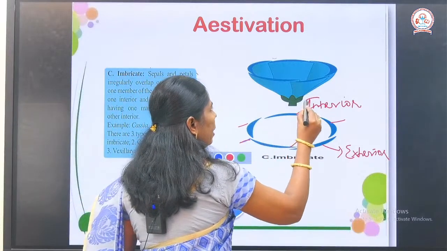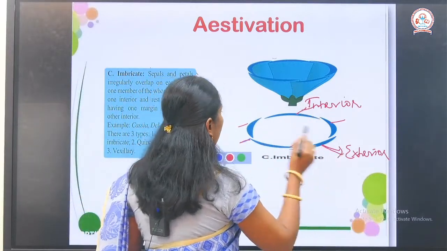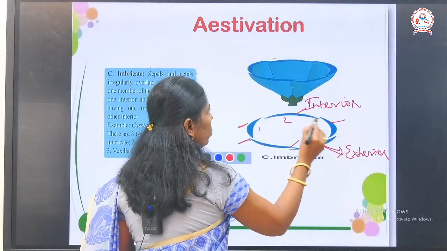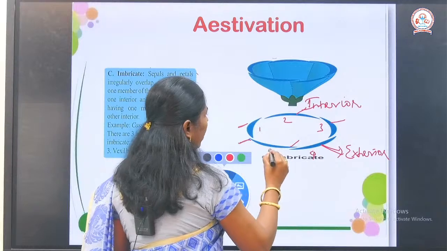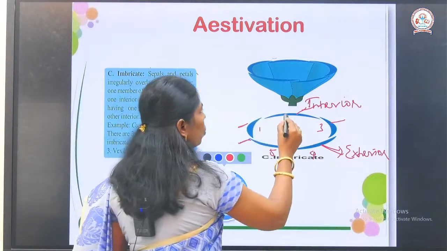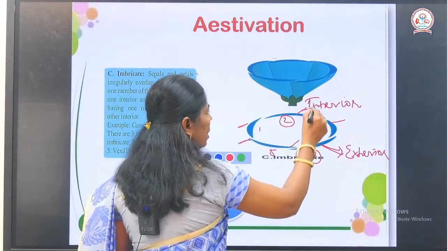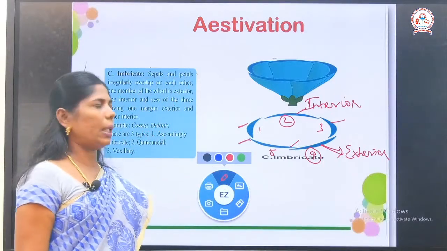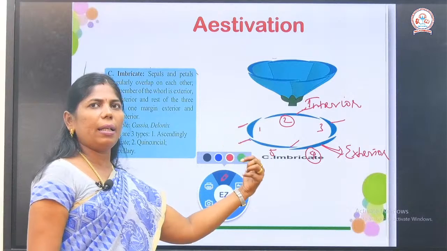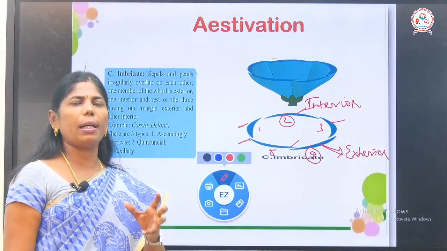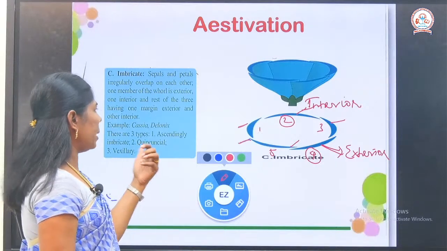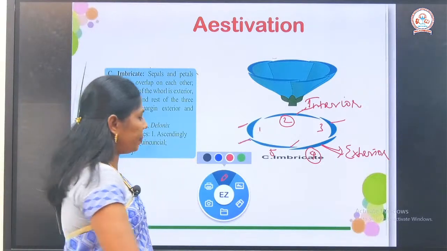So this is an interior petal, this is an exterior petal, and so on, numbered 1, 2, 3, 4, 5. Petals 2 and 4 are interior and exterior, and the remaining 1, 3, 5 are in exterior and interior conditions. This irregular arrangement of petals and sepals is called imbricate aestivation.